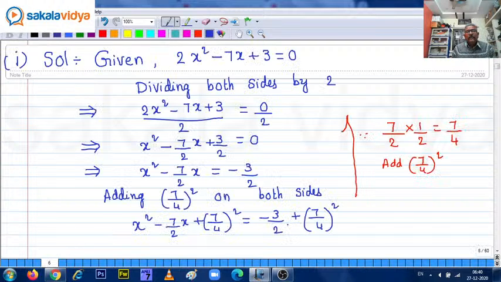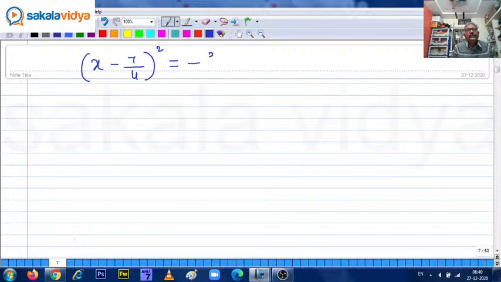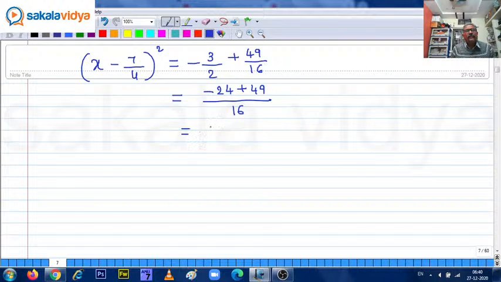Now minus 3 by 2; 7 by 4 whole square is 7 square, which is 49, over 4 square, which is 16. Now simplify the right hand side. The LCM is 16. 16 by 2 is 8, 8 into minus 3 is minus 24, plus 16 divided by 16 is 1, 1 into 49 is 49. 49 minus 24 is 25 upon 16.